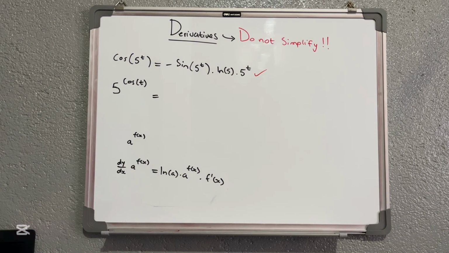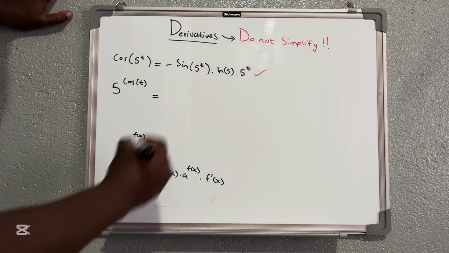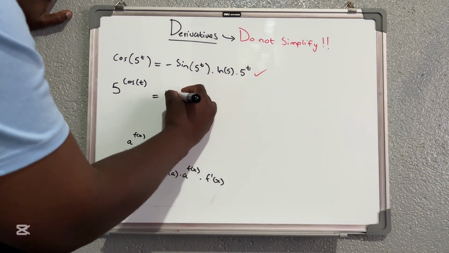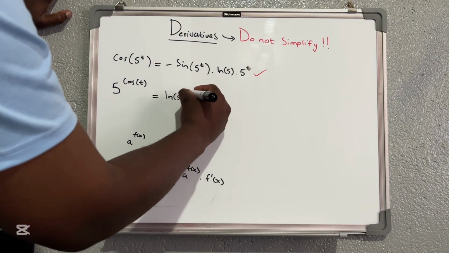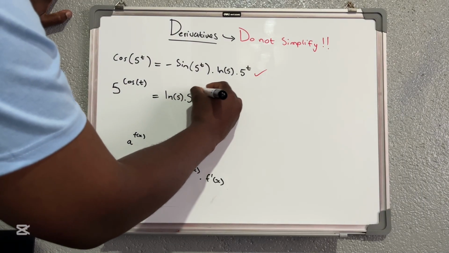You see? So how is that going to look like? You will say you have ln of 5 multiplied by 5 to the exponent cos of t.